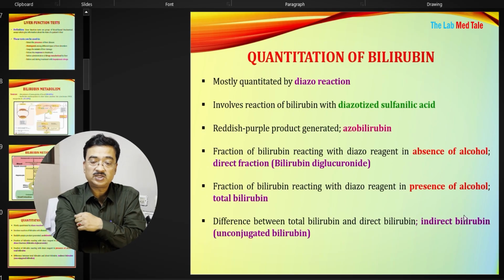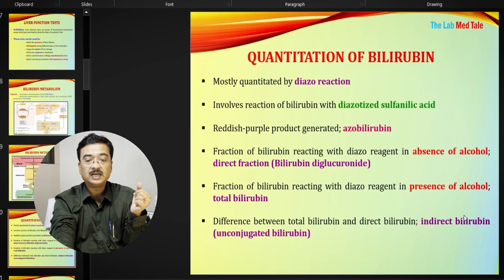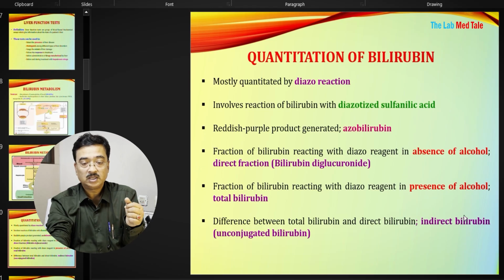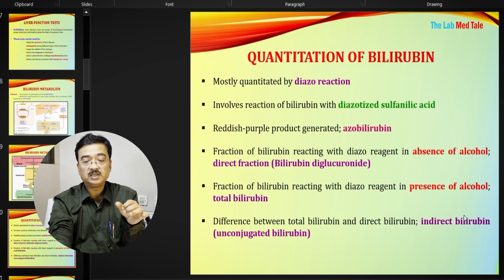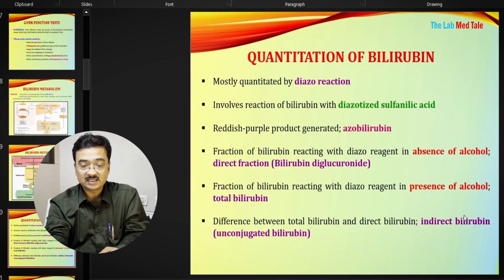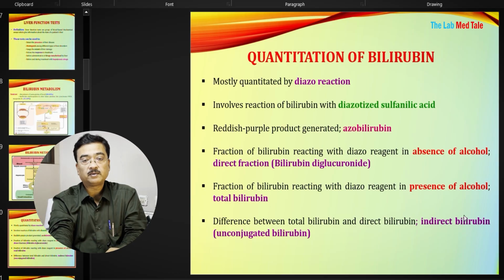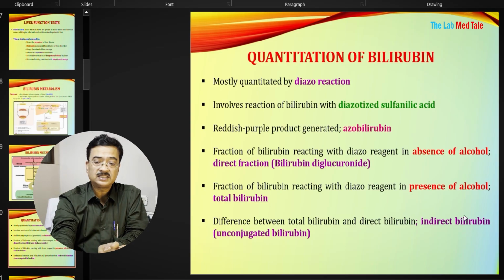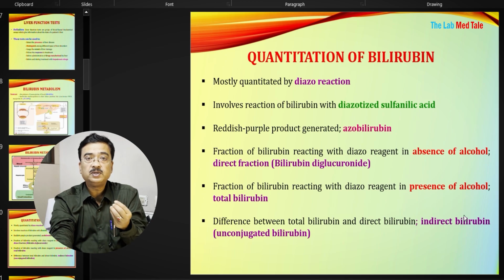So quantitation of bilirubin can be done by the diazo reaction. It involves a reaction of bilirubin with diazotized sulfanilic acid, and the reddish purple product formed is azobilirubin. When the bilirubin reacts in the presence of alcohol, that means it is the total fraction of bilirubin.